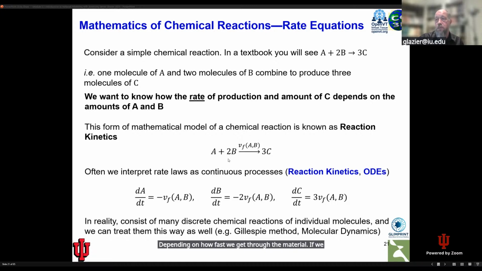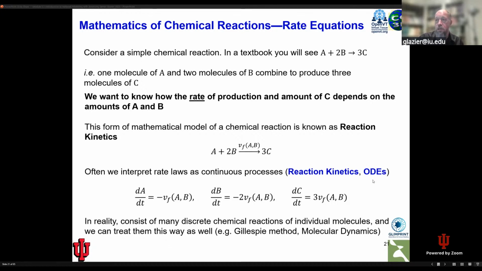If we assume that these are continuous processes and we actually represent A, B, and C concentrations as continuous variables, then we will often write these as ordinary differential equations, which are called reaction kinetics. And so here, dA by dt is minus Vf of A, B, and so on.